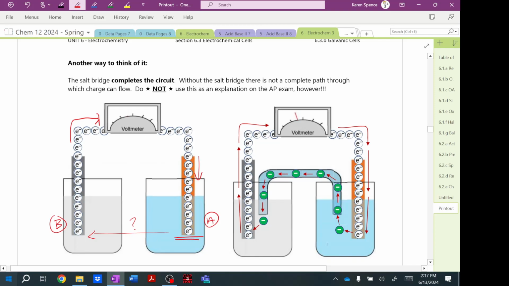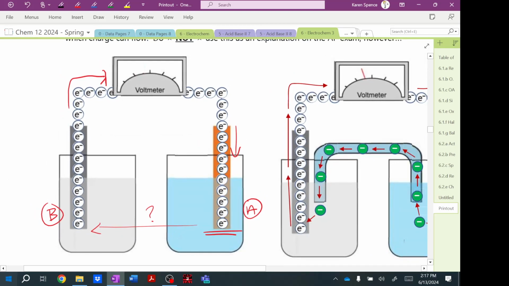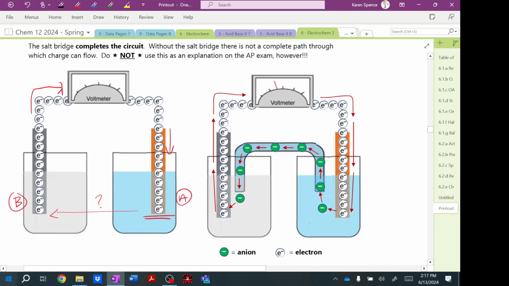How is charge going to flow if there's no connection? You see how there's no connection there? There's no complete circuit. It's as though you've got this circuit and the switch is open. Yes? There's a gap in the circuit. By putting that salt bridge in, it's like you're closing that switch, right?